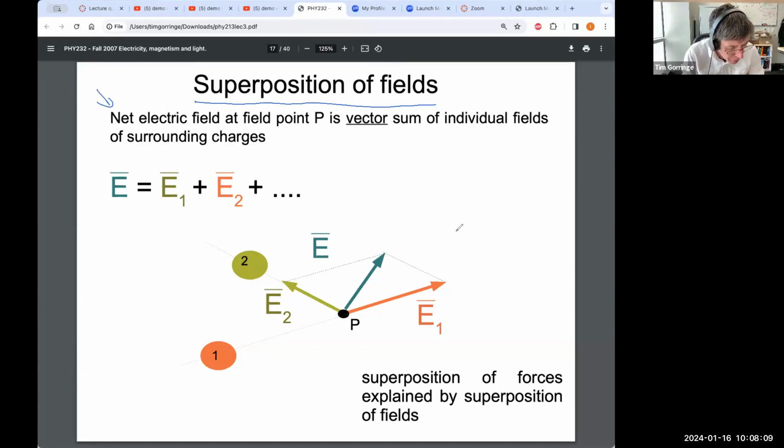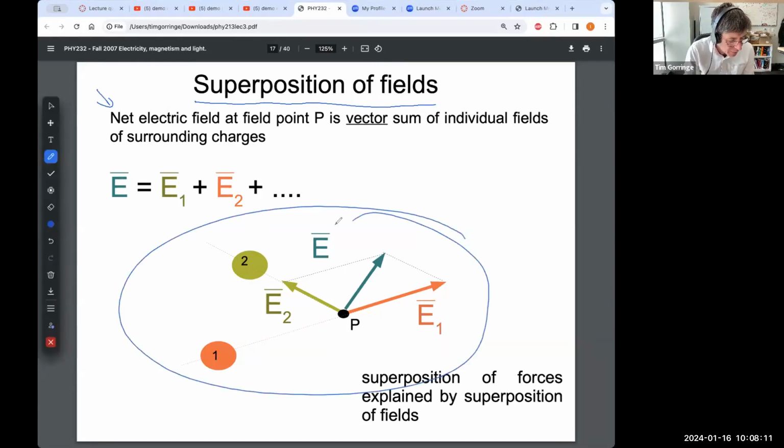So in this sketch, I'm interested in the field at what we will call the field point P, sort of an abstract point, but somewhere where I'm interested in the field. The field at this location arises because of the superposition of two fields.